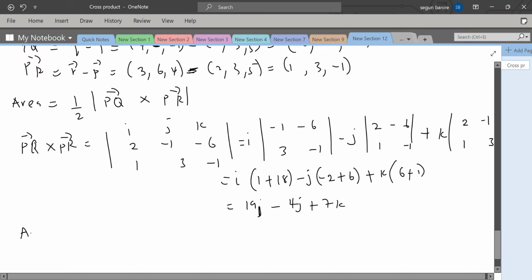So we need the magnitude. The magnitude of PQ cross PR, we get 19 squared plus 4 squared plus 7 squared.